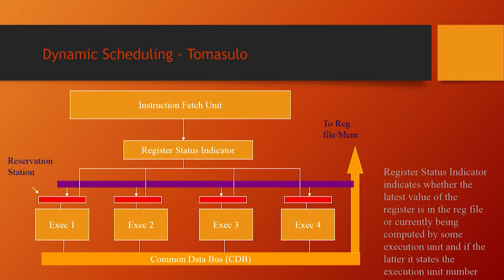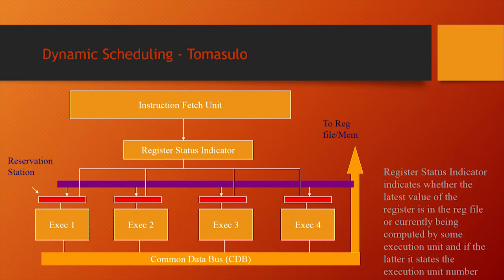As you see in the slide, the register status indicator indicates whether the latest value of the register is in the register file or it is currently being computed by some execution unit, and if the latter, it states the execution unit number. So the register status indicator will say 0; 0 means the current value is there in the register file. If it says 5, it means the current value is being computed by execution unit 5.